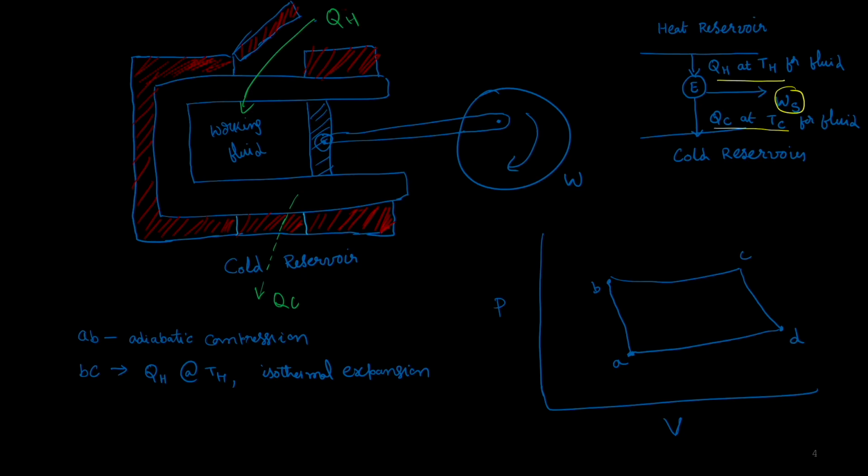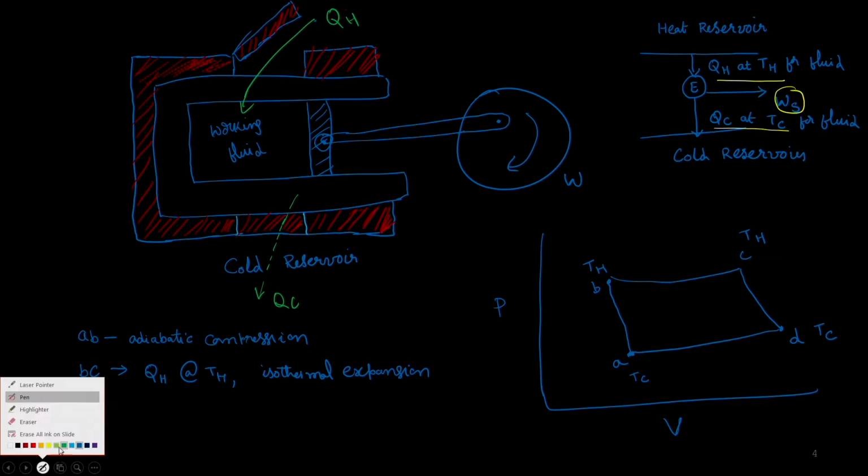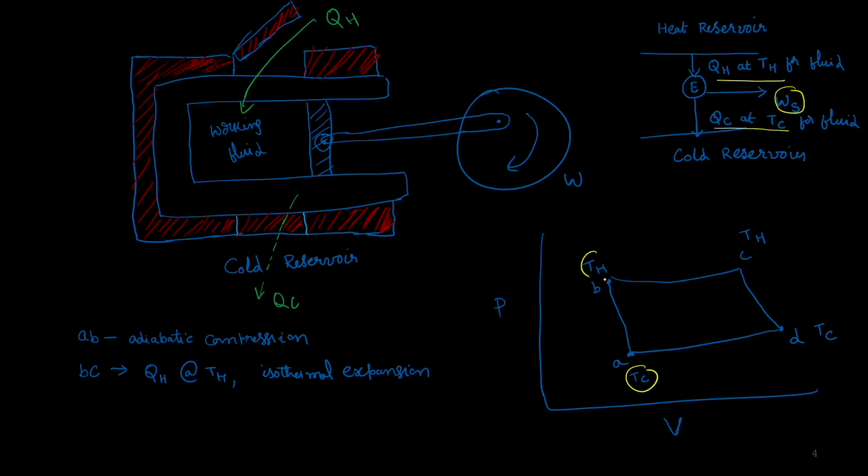So A to B is adiabatic compression from Tc to Th. B to C is isothermal expansion. C to D is adiabatic expansion, and again it comes back to Tc. And D to A is at the same temperature Tc. So I'm going to highlight the temperatures at each of these states, right?